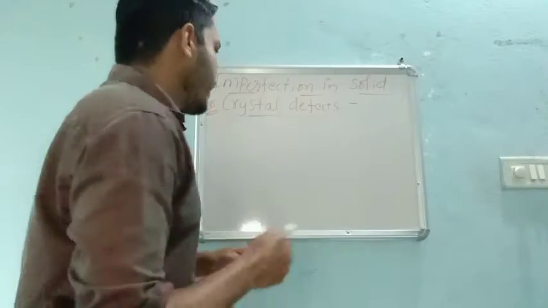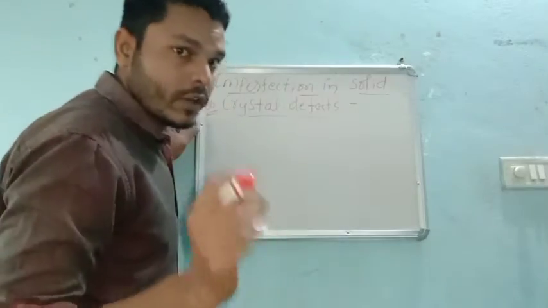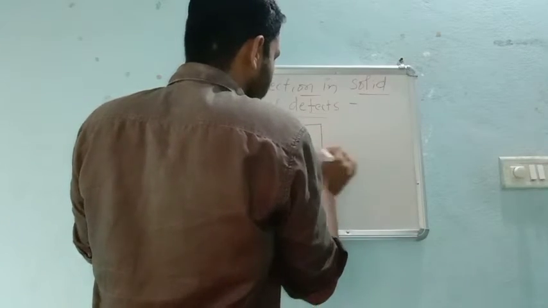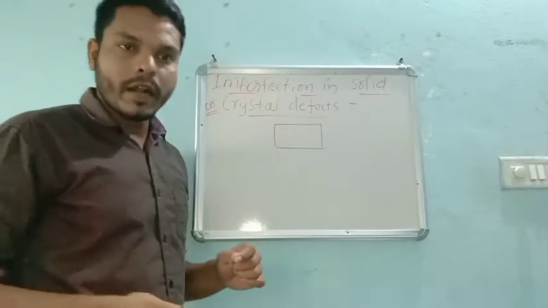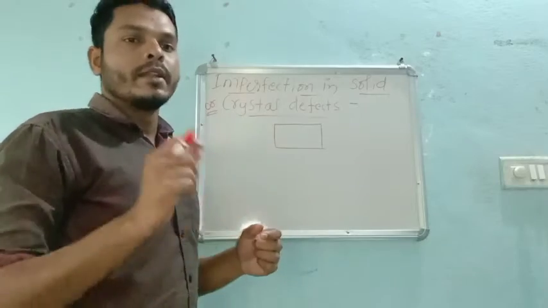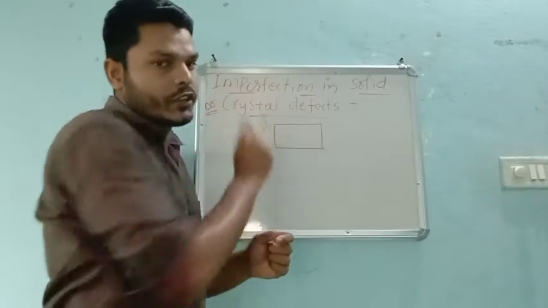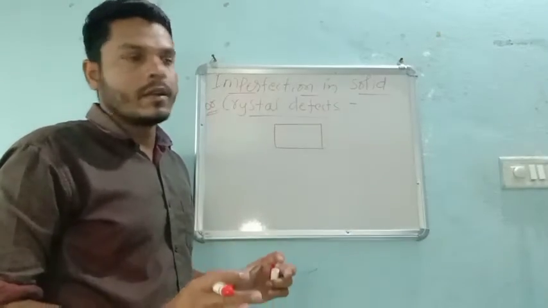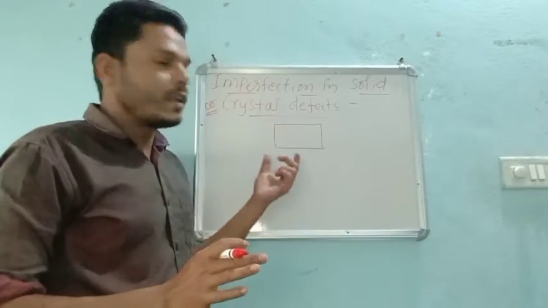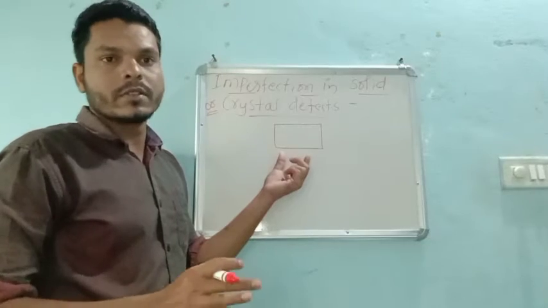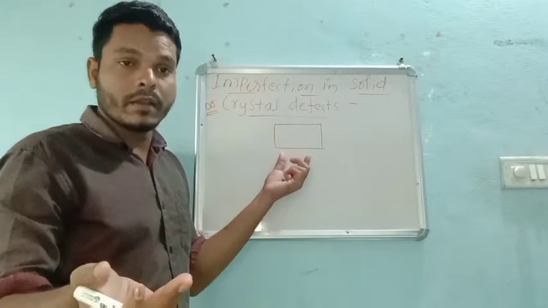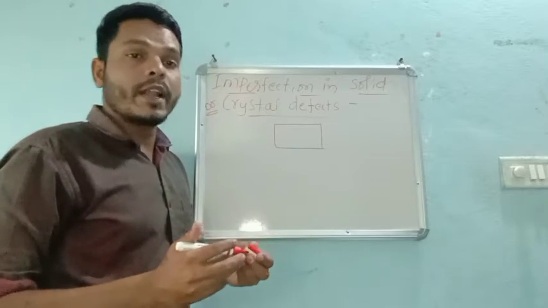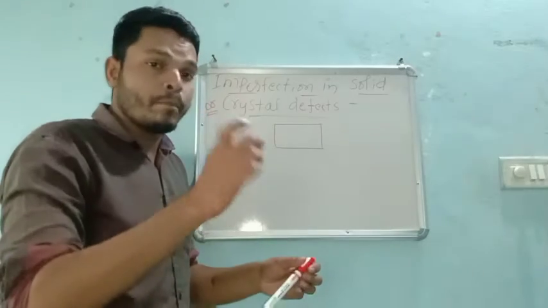Because if a chemical solid is kept outside for a longer time, then definitely there will be some imperfection. A solid is always perfect, but when we expose chemicals to sunlight or air, then definitely some imperfection will come.